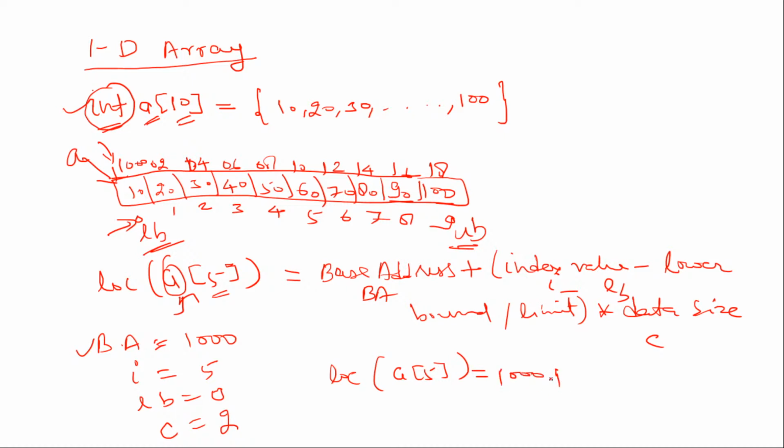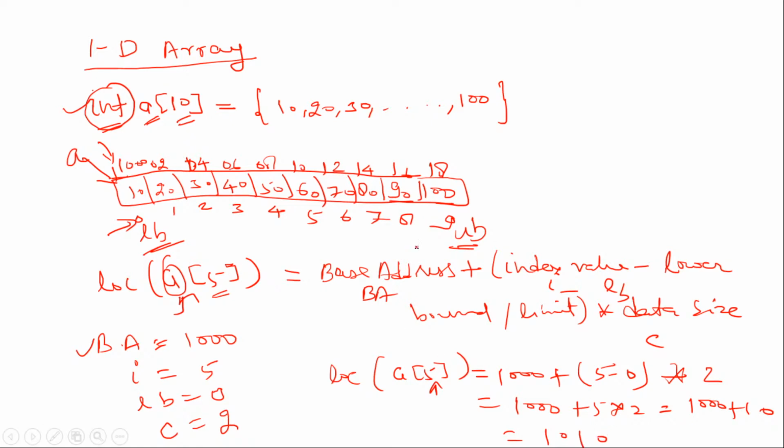1000 plus index value 5 minus 0, lower bound, into data type size 2. 1000 plus 5 into 2, so it would be 1000 plus 10, so it would be 1010.